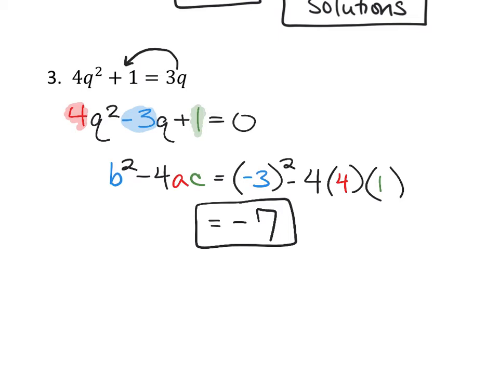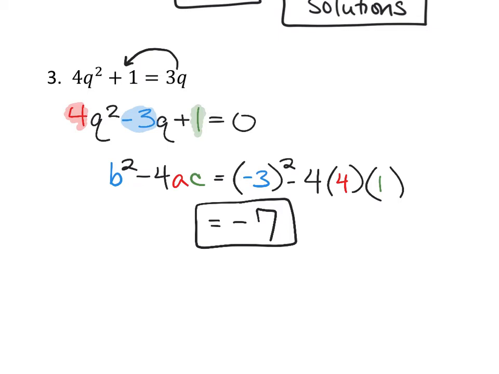This time, we need to go negative 3, then square it, and then make sure we switch to the minus. I said negative 7, it should be negative 3. Backing up. Minus 4 times A times C. All the parentheses, boom, negative 7.